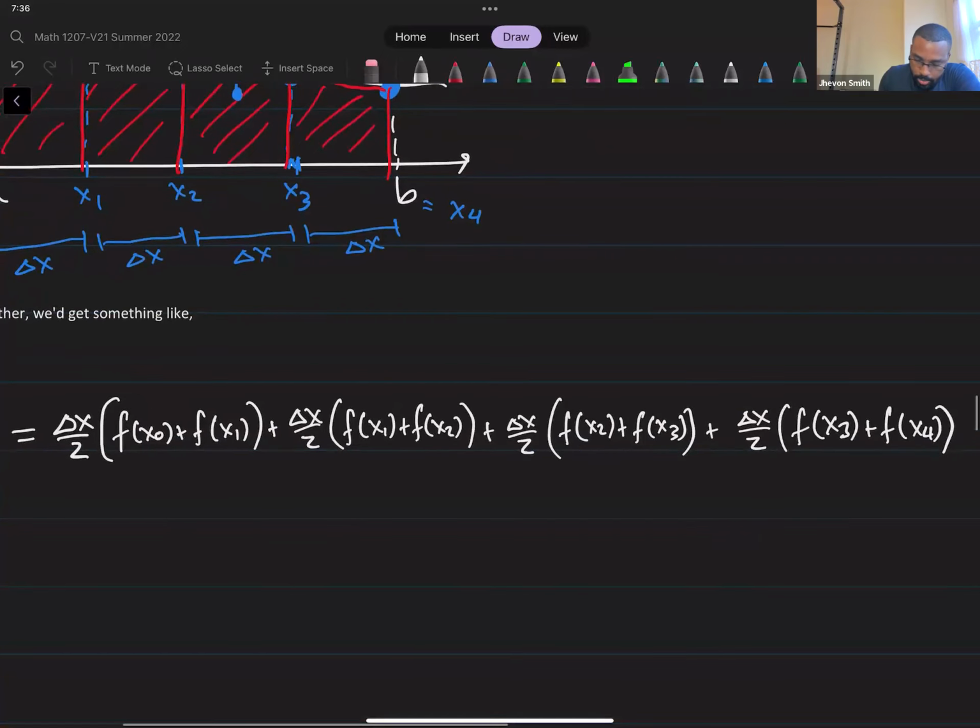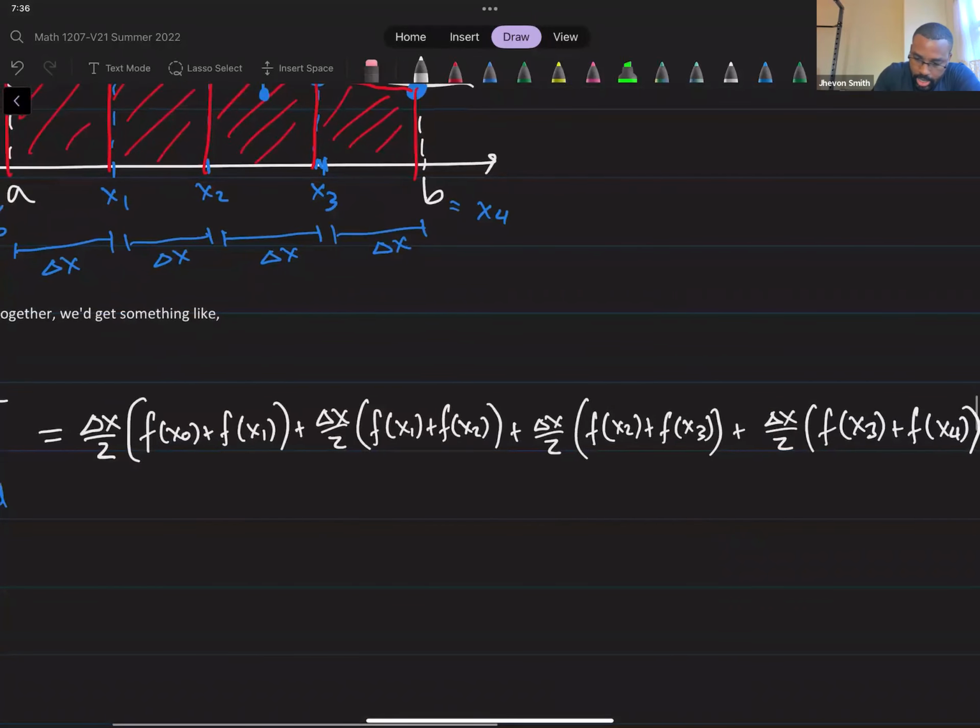What you'll notice then is that some of these guys actually pair up. Like there are two of these, and there are two of these, and there are two of these. So notice that there are going to be two of everybody except the first and the last guy.